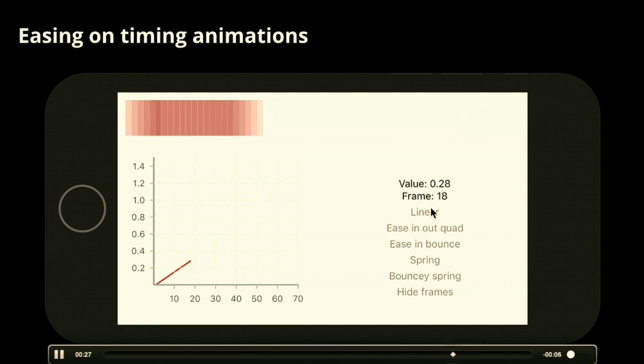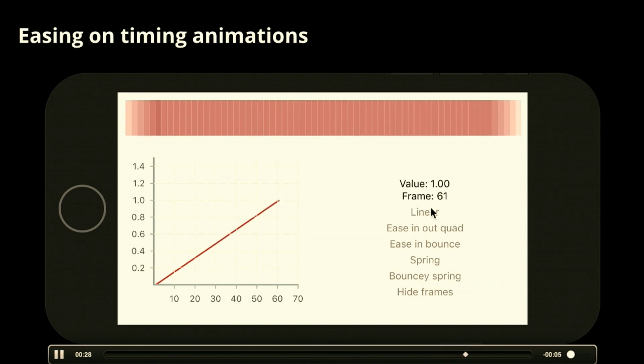And with linear, it's pretty consistent throughout. Any inconsistencies for why it's not exactly separated are related to the JavaScript thread blocking for maybe a frame or not running at 60 frames per second. This isn't the most optimized example, so that can happen in some cases here.